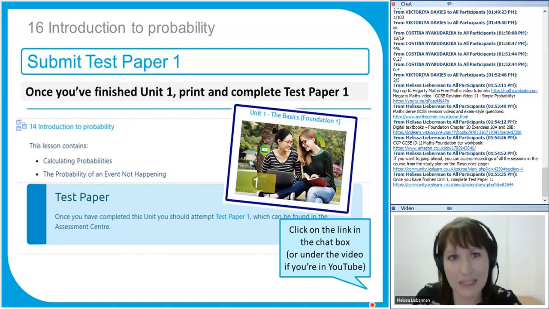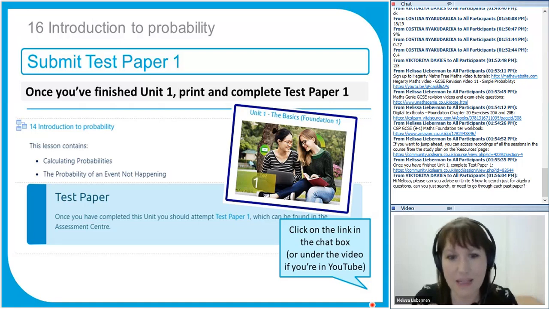Scan each of your pages, it will combine it into one document, and then you can upload it to your tutor to mark. Or you can just take a photo of each page. If you don't have a printer, you can write your answers on paper and then take a photo of your answers that way and paste them into a Word document or use a scanning app, as I said. So have a go at that test paper once you finish Unit 1.